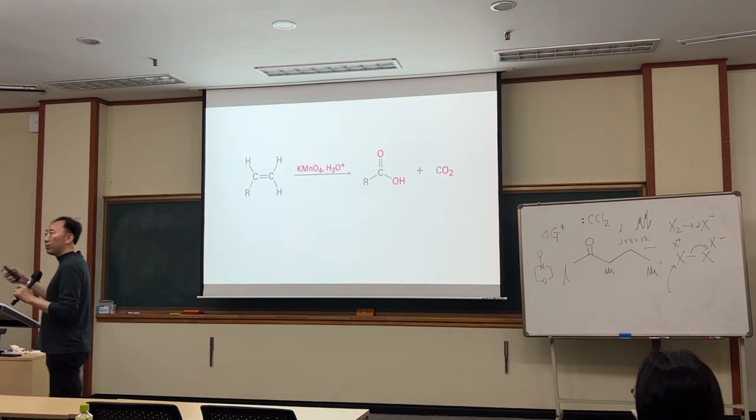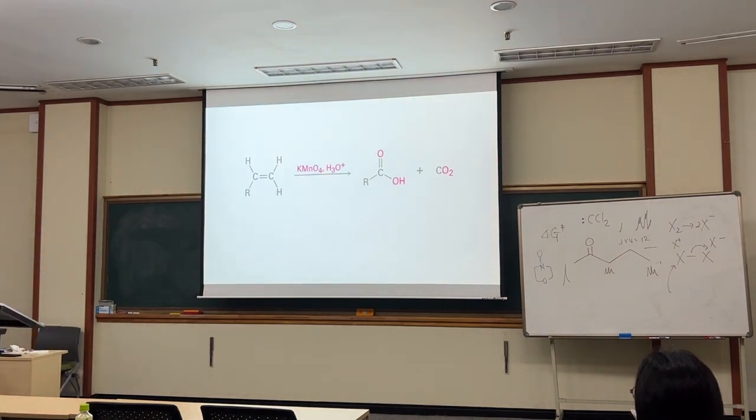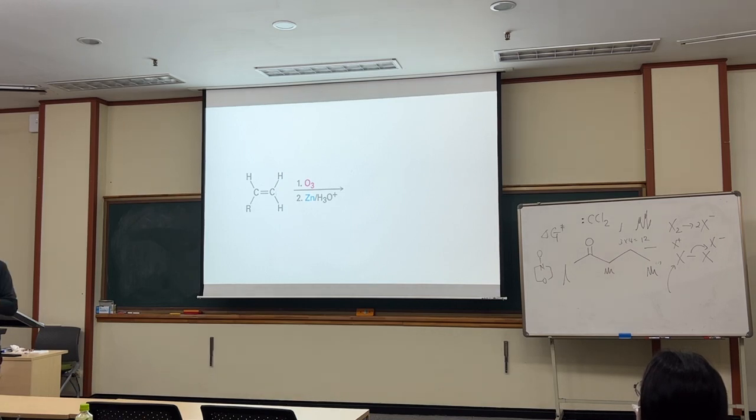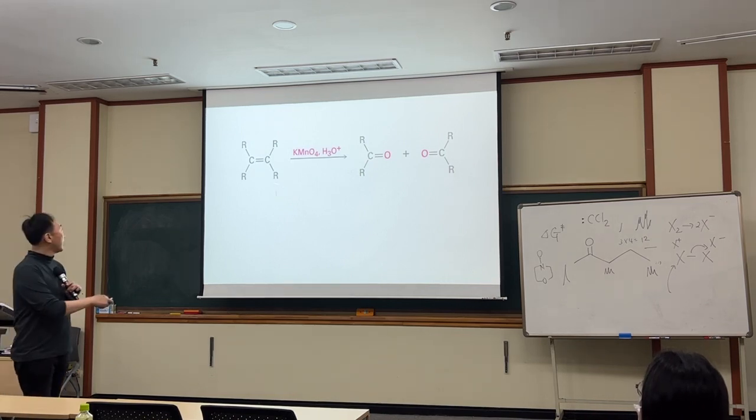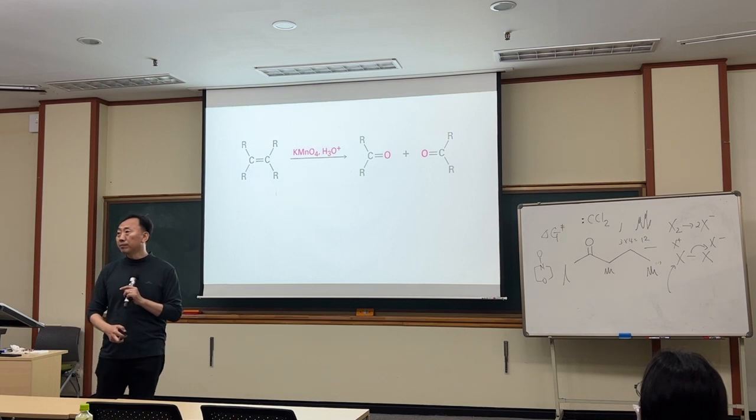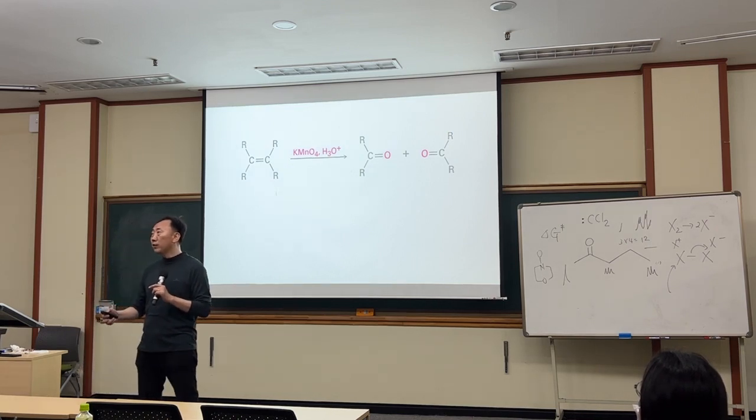If you want to block the reaction in the middle, not fully oxidized, then you have an option: ozonolysis and reductive cleavage. Then you can stop here. Your product will be an aldehyde here, an aldehyde here. It's the same starting material. If it's fully substituted, then the product is the same, oxygen on both sides, no difference between oxidative and reductive.